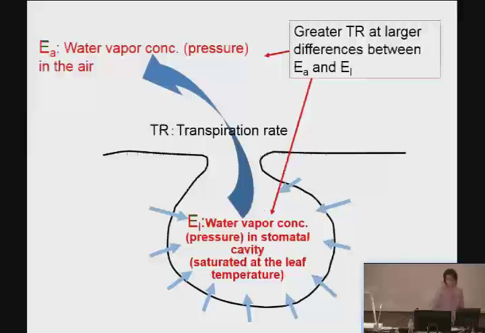Easy. So there is a difference in moisture concentration between the saturated cavity and the actual concentration in the air, how many grams of moisture in the volume of air. Often we use the vapor pressure instead of grams per cubic meter vapor concentration.